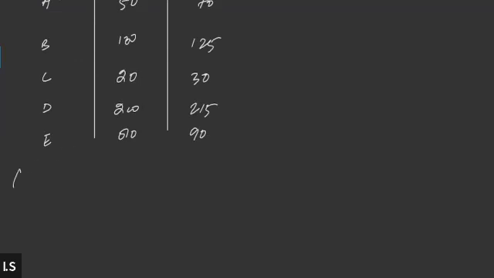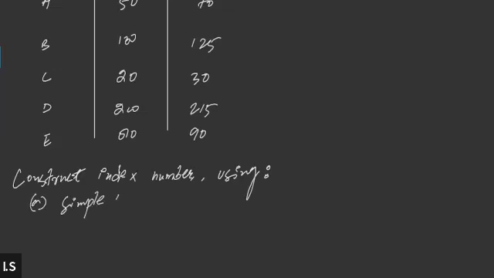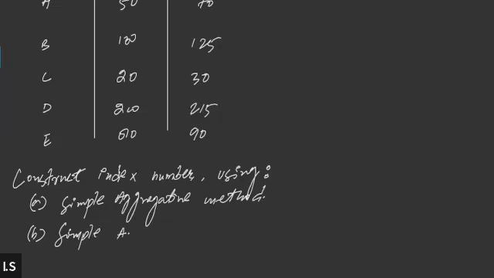So the question is: construct index number using, number one, A, simple aggregative method, and B, simple average of price relative method.